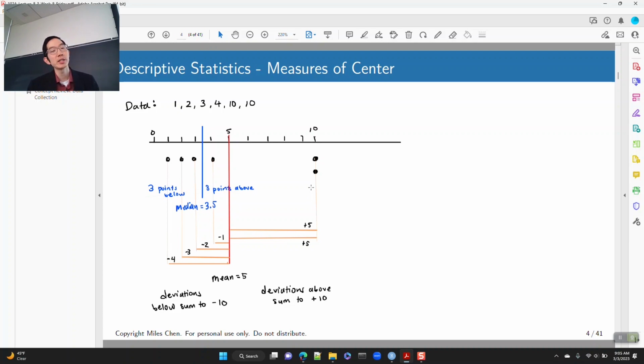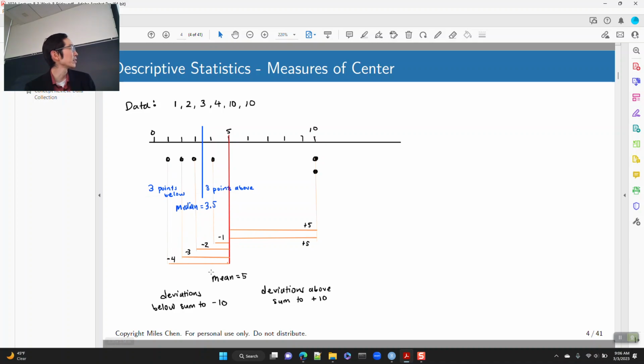The mean balances the deviations, and so where's the location where the deviations get balanced? So that's going to be at 5, and you do this by adding up all of your numbers and dividing by how many you have. If you add these up, you get 30. 30 divided by 6 gives you 5. And you can see that the deviations for the points below the mean are -1, -2, -3, and -4, okay?